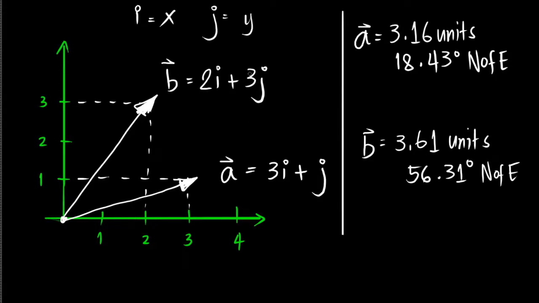This system can go up to 3D vectors, which are very useful for the cross product. If you're talking about 3D vectors, there is an additional letter, so i, j, k. But for now, let's just deal with 2D vectors.